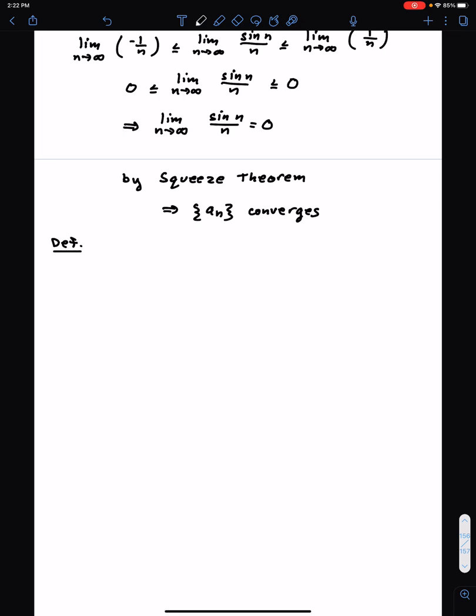Definition: a sequence is increasing if a sub n is strictly less than a sub n plus 1 for all n.